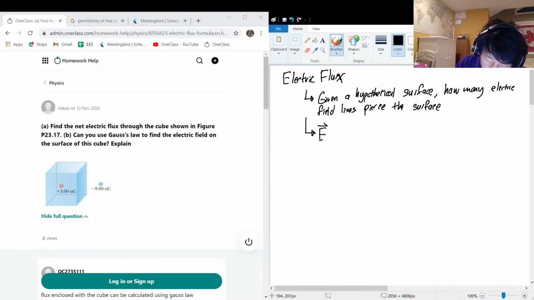So an E field line that enters and exits a surface does not count.